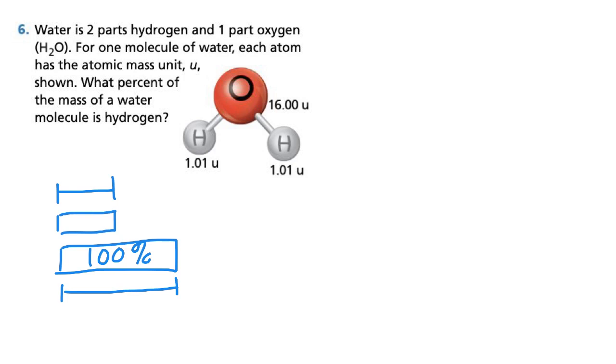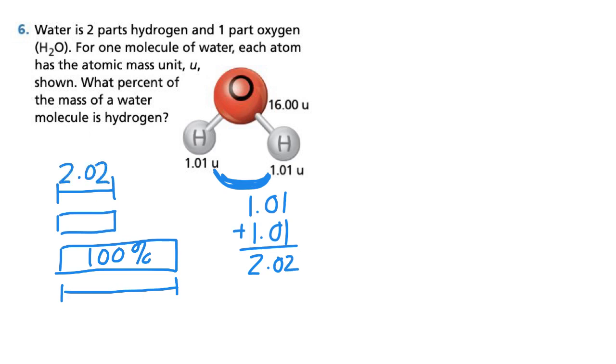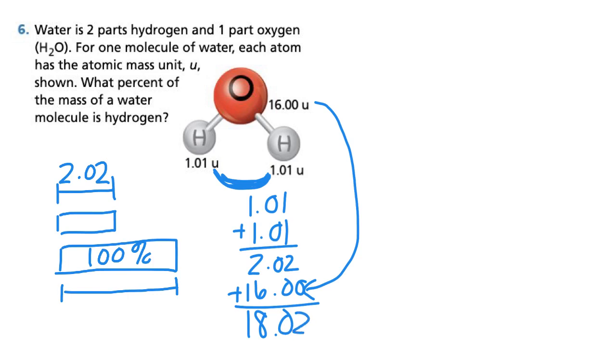And I know I need 2 of these, so together, if I added those, I think I'd have 2.02 out of a total mass, which means this guy has to come down and be added on as well. A total mass of 18.02. All right. And this one we don't know.